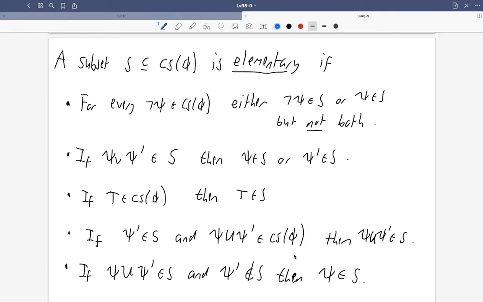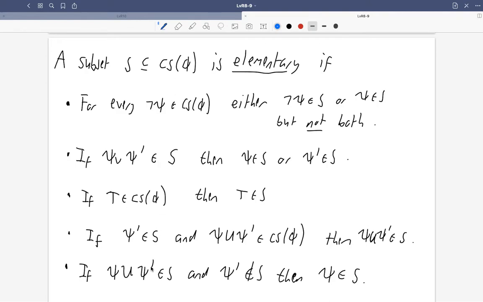So these are slightly fiddly rules. Let's try to remember them, but we can be guided by the principle that the elementary subsets are exactly all sets of formulas that can be true at the same time at a state in a run through a transition system.